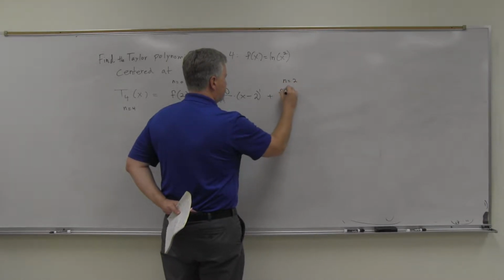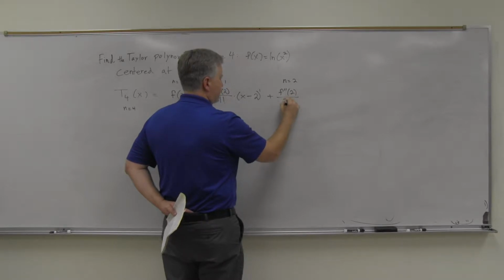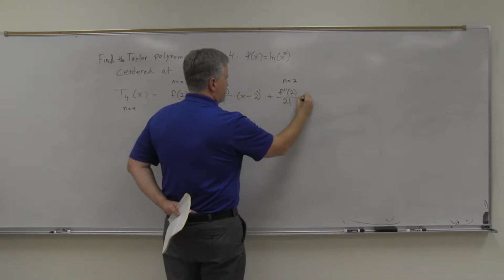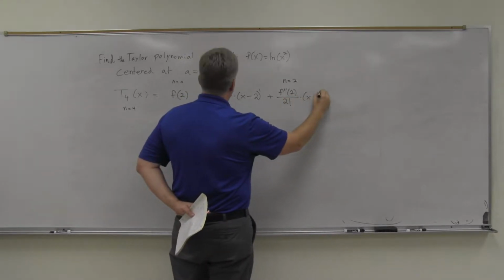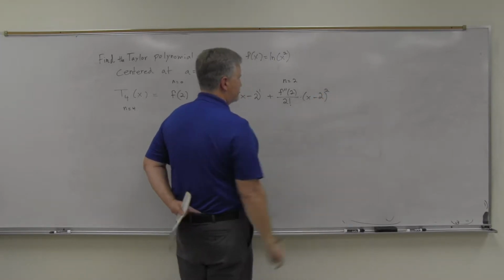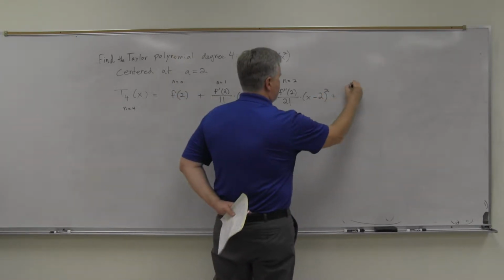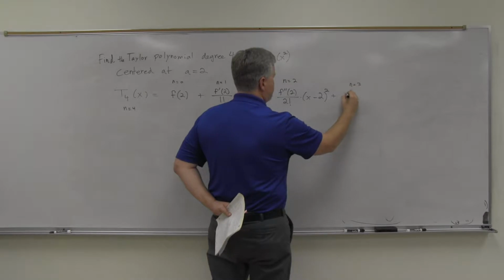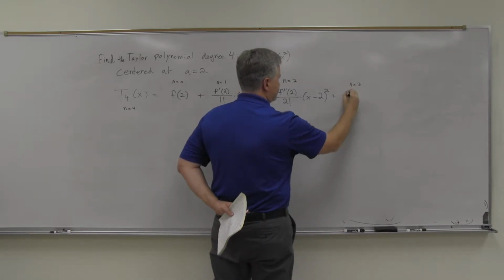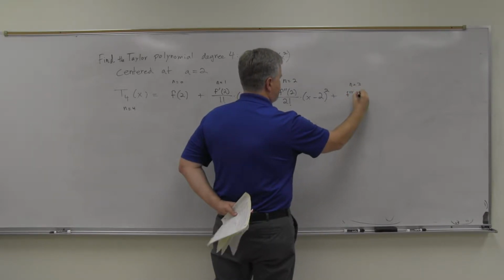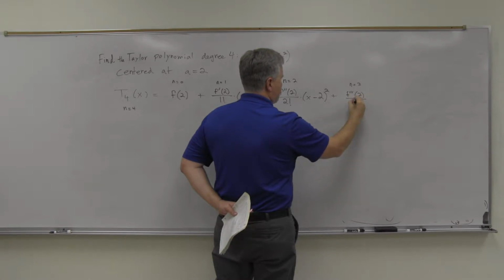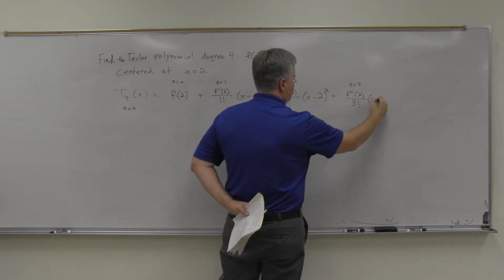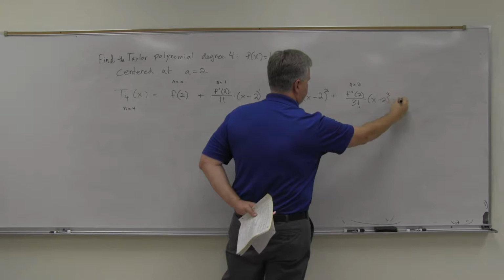Then I do the second derivative at a, which is 2, divided by 2 factorial times x minus 2 squared. 2's galore there. N equals 3. So I do the third derivative at 2 divided by 3 factorial times x minus 2 to the third.